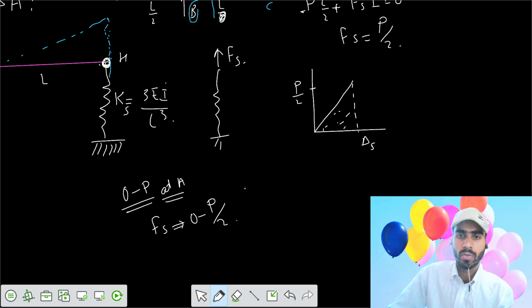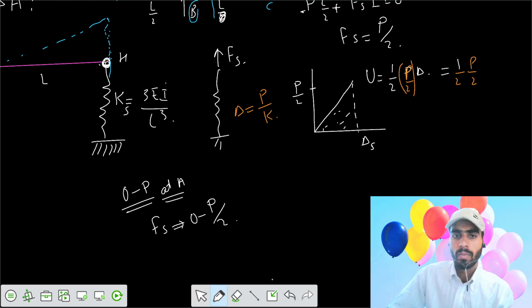The strain energy stored in the spring is half of P into delta, and the value of P here is P by 2, and delta we know is P by k.